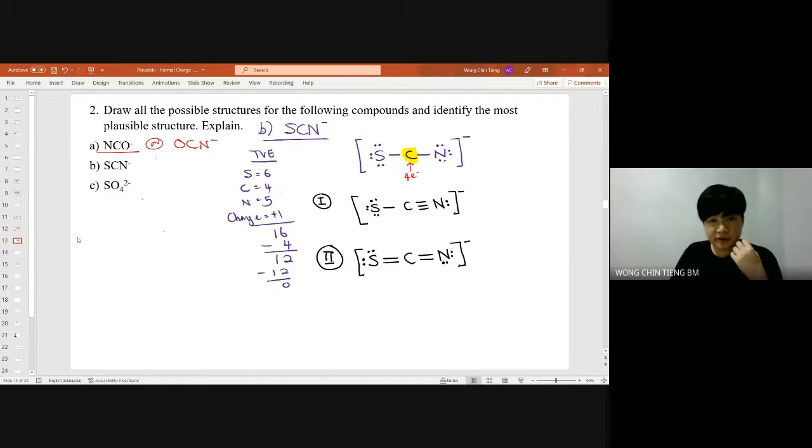Sabila, you're very quiet today. One more. Triple bond between S and C. So it should look something like this. And my question, how many lone pair left for sulfur? 1. How many lone pair left for nitrogen? 3.